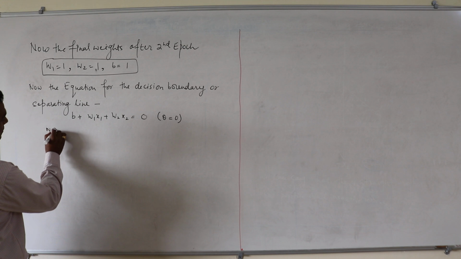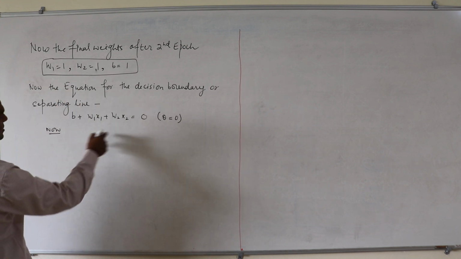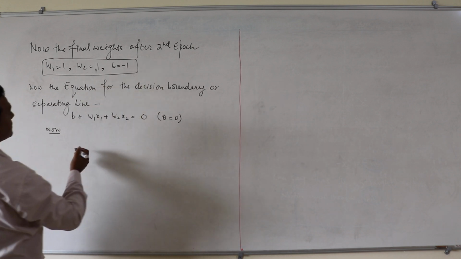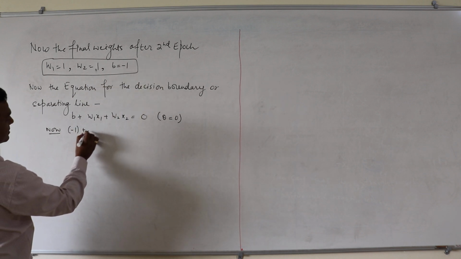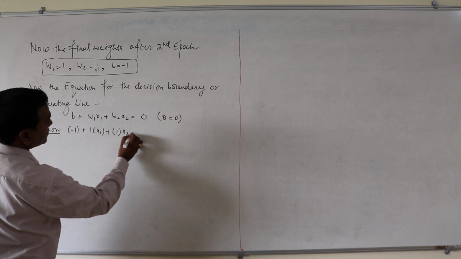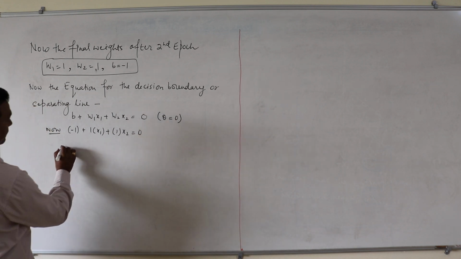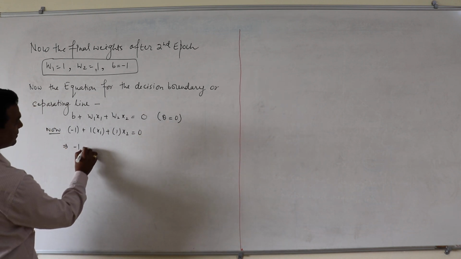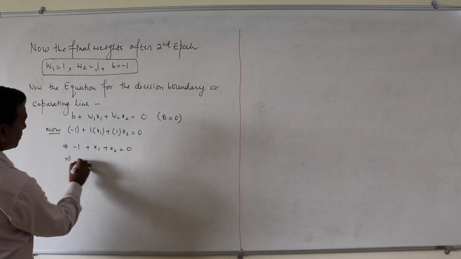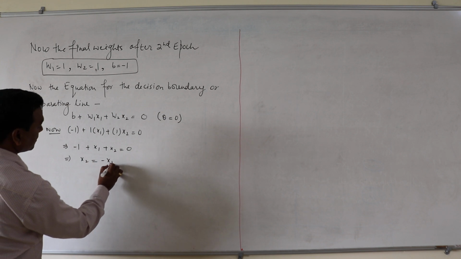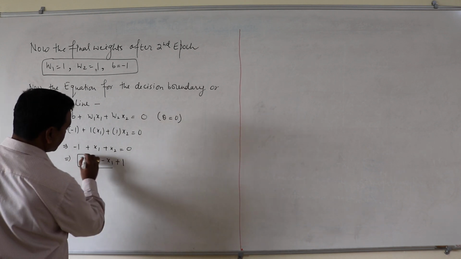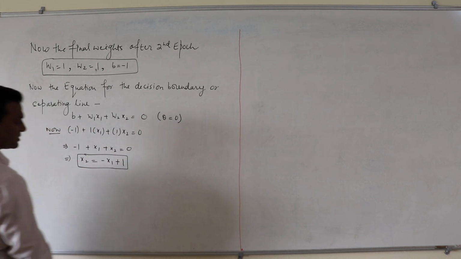Now put these values in this equation. So this is -1 plus 1 x1 plus 1 x2 equals 0. This implies that -1 plus x1 plus x2 equals 0, or x2 equals minus x1 plus 1. So this is the equation for the decision boundary.